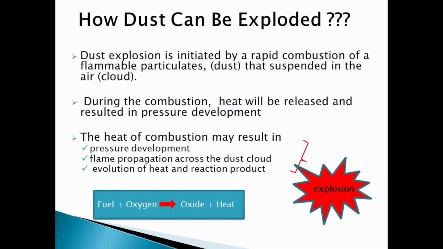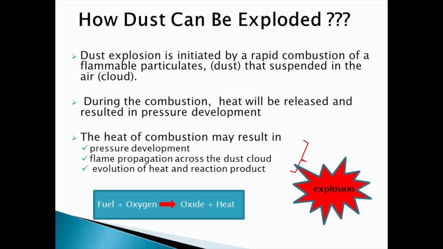How dust can be exploded. Dust explosion is initiated by the rapid combustion of a flammable particulate or dust that is suspended in the air. The ignition of suspensions of combustible dusts can occur from initiation by flame or spark, propagation by gas explosion or blasting, and spontaneous combustion.